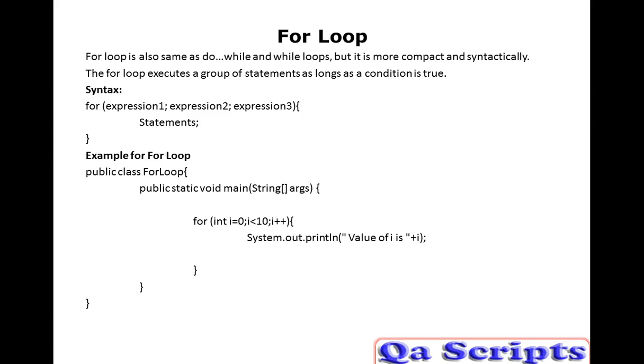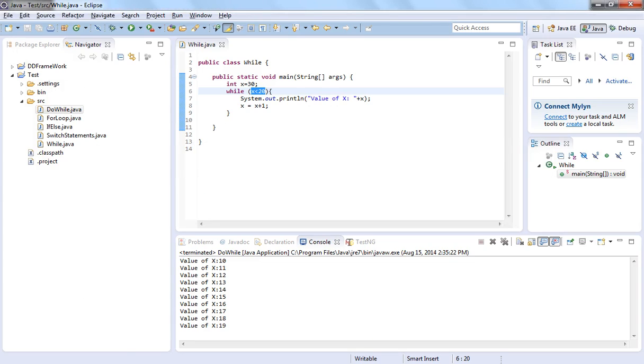Inside the for loop I have placed one System.out.println, and I am trying to print the value of i. So it will start with 0, then add 1 till 9, and get executed and printed. Once the value of i becomes 10, the control comes out of the loop and completes the execution. Let us see the example in Eclipse.